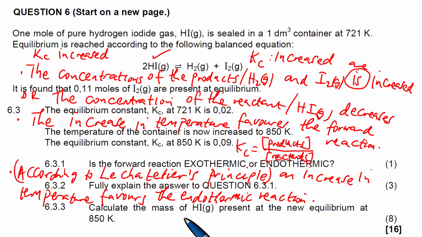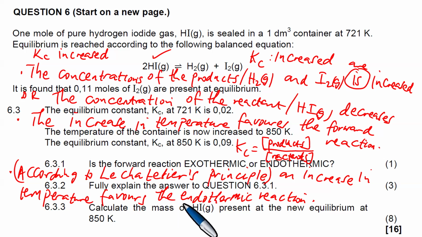Because when the temperature increases, the reaction will tend to counter that and to reduce the temperature. And therefore, it means that the forward reaction itself, the endothermic reaction, is favored.